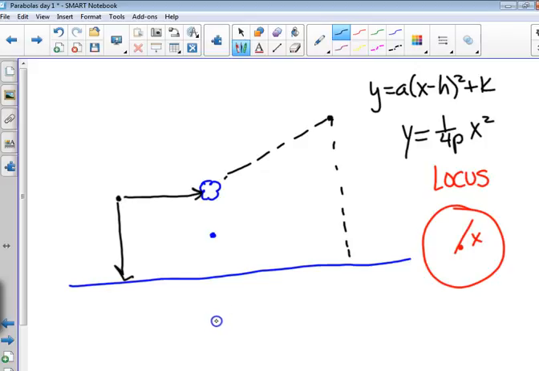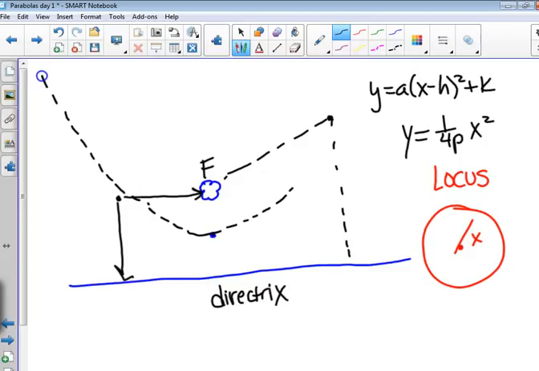Equidistant from this point, which is called the focus, and this line, which is called the directrix, otherwise known as the lake and the highway or whatever, okay? All the points that work equidistant from those two things would be all the points that are on this parabola.